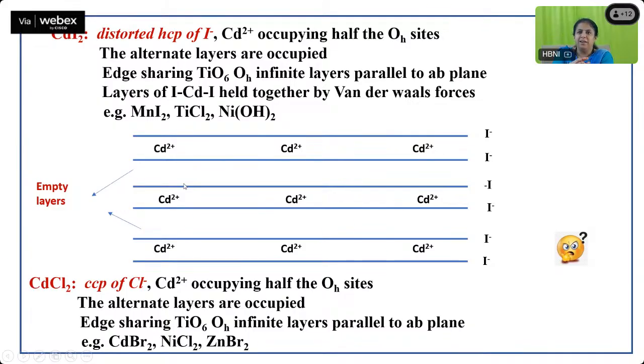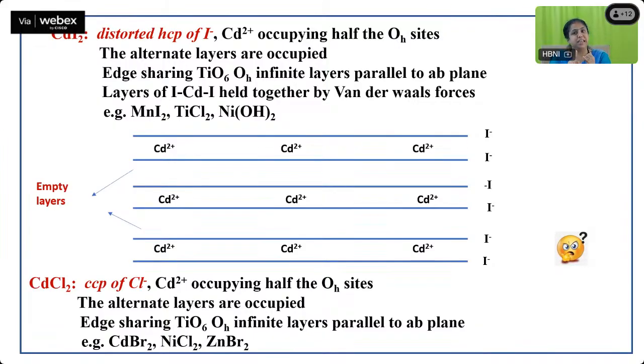So actually, these layers can slide over each other. And the fact that there are empty spaces makes these kinds of structures very important as ion exchangers, wherein some ions can come and go through these spaces, leading to widely different properties. Okay. Repeating it fast, CdI2, HCP of iodide, half the octahedral holes are occupied, but now alternate layers are occupied by cadmium.